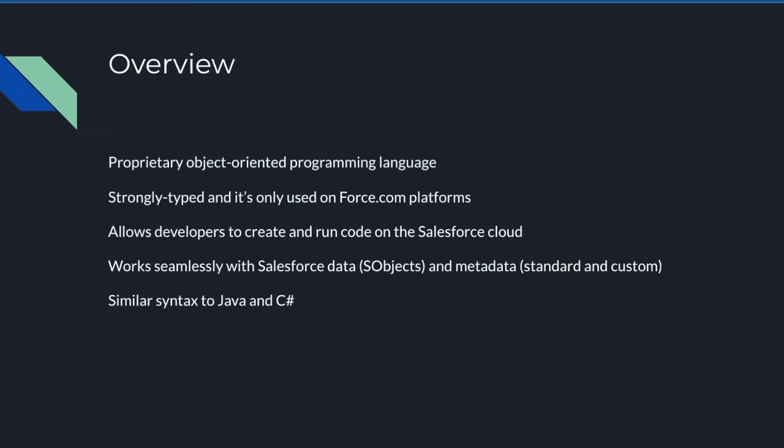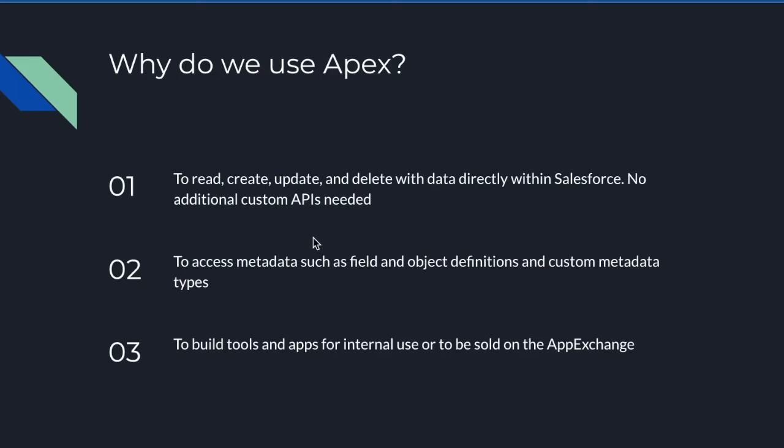And then we can also define our own custom objects in Salesforce, which would then have custom metadata to describe what those objects are. So as you can see, S-objects and metadata work hand in hand seamlessly, allowing developers to write powerful applications on the Force.com platform. Many developers can transition very easily into Apex if they know those programming languages.